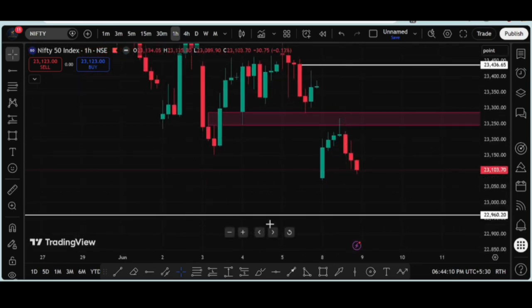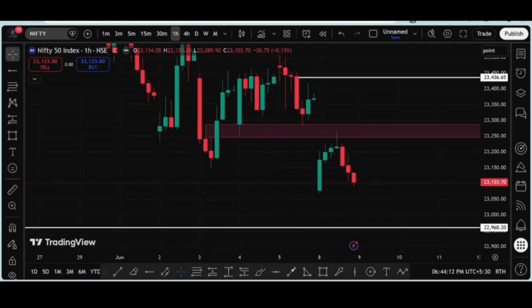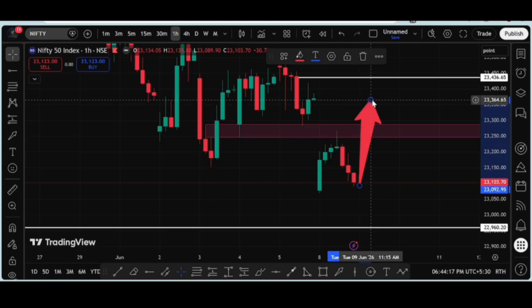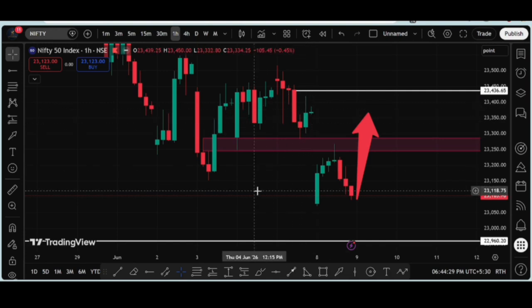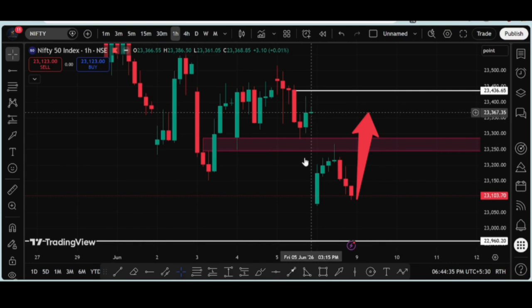And even if it wants to take a pullback, again the market can go like this till this area, which means 23,370 in the 1 hour time frame. This candle can act like resistance, demand zone, order block.